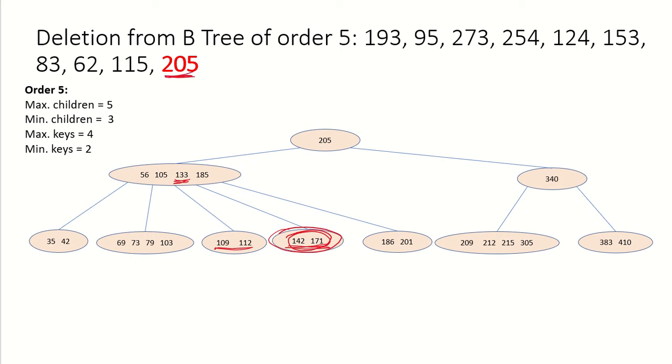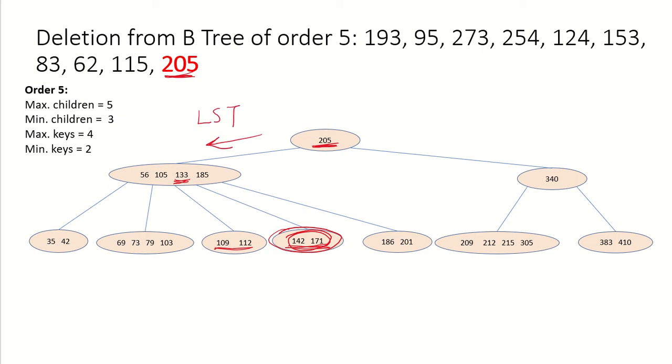Now suppose we have to delete 205. So again 205 we see is in the root node. Now this 205 is again an internal node. So 205 can be replaced by its in order predecessor in the left subtree.